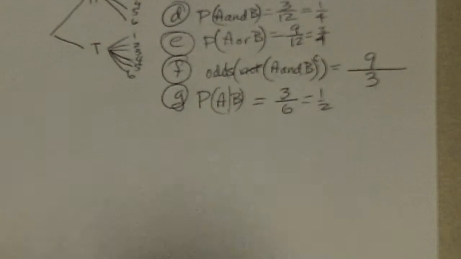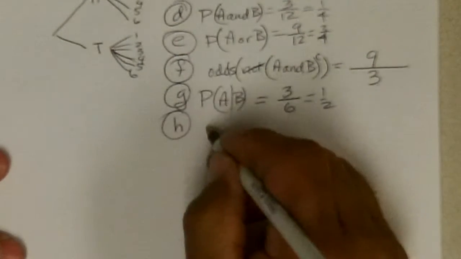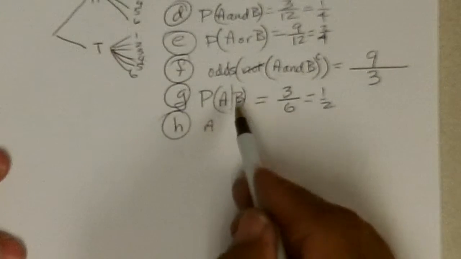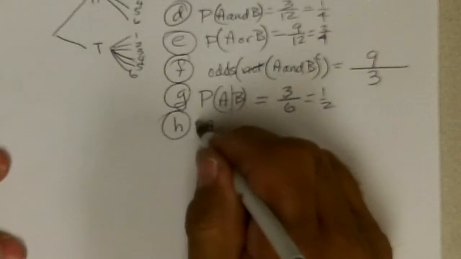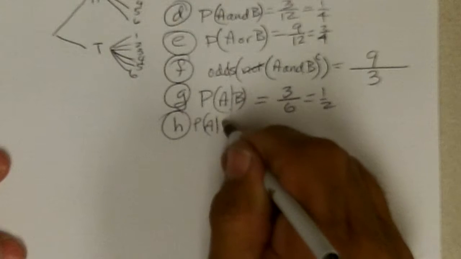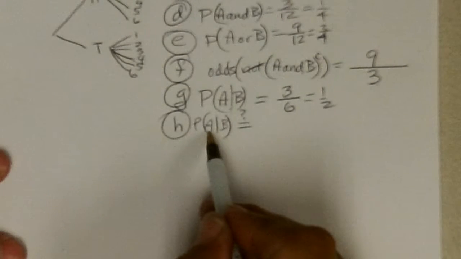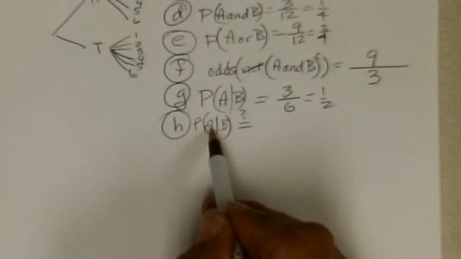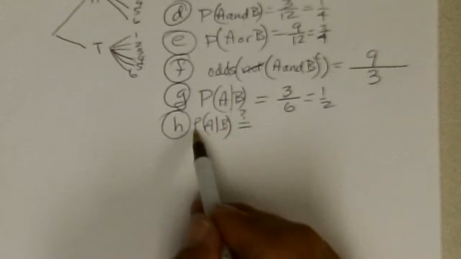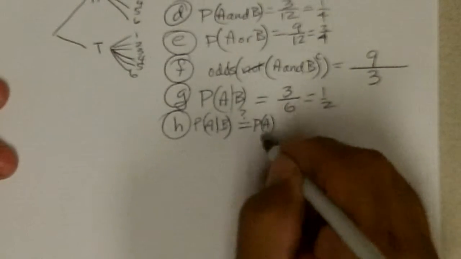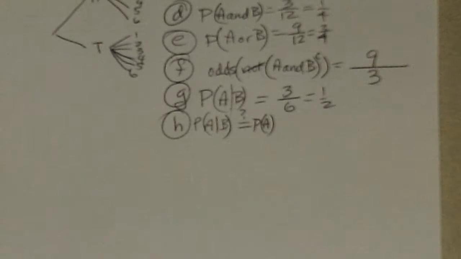And then H. Are A and B independent? So since we have the probability of A given B, we want to compare that to the probability of A. We want to compare apples to apples. What's the probability of A, and what's the probability of A if B has already happened?